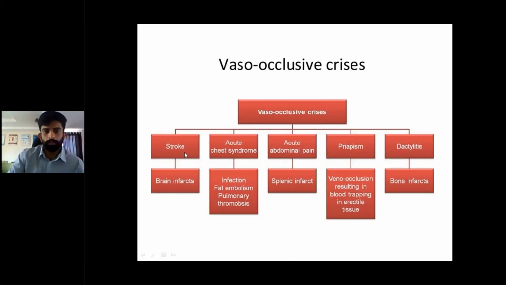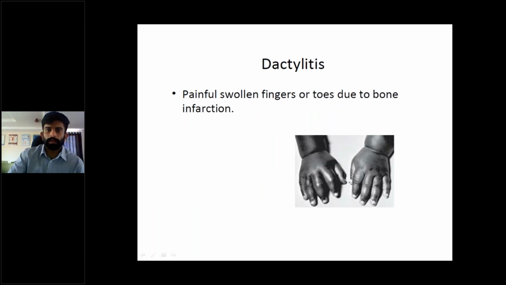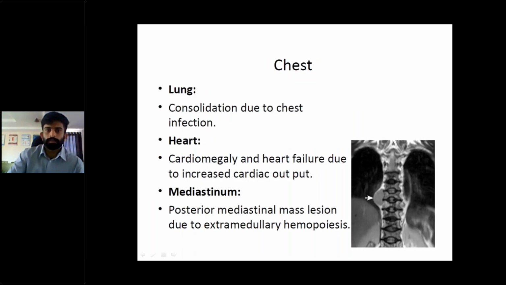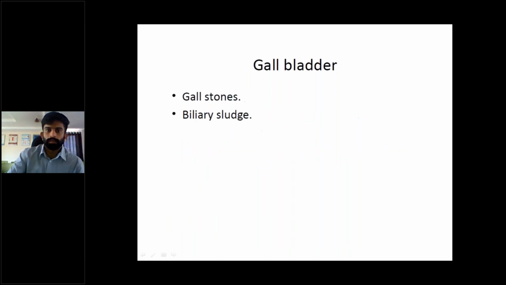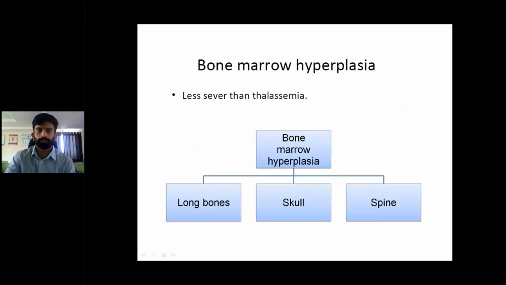Vaso-occlusive crisis consisting of stroke, acute chest syndrome, acute abdominal pain, priapism, and dactylitis. We discussed all these complications of sickle cell anemia and different organ involvements. And skeletal manifestations also like bone marrow hyperplasia, bone infection, and growth disturbances.